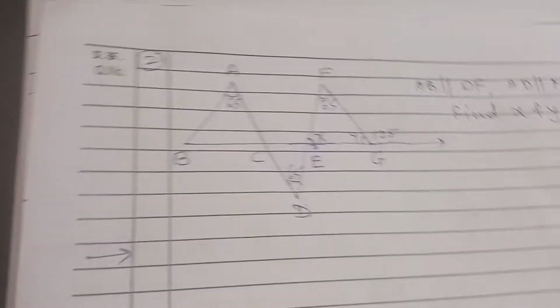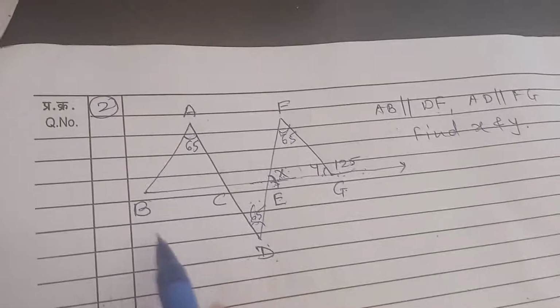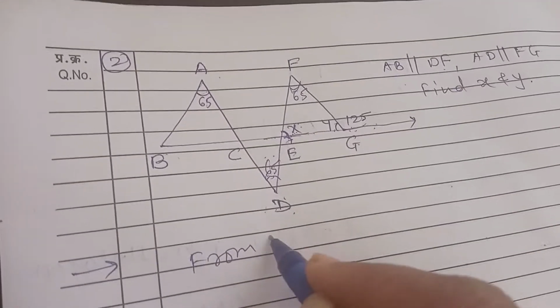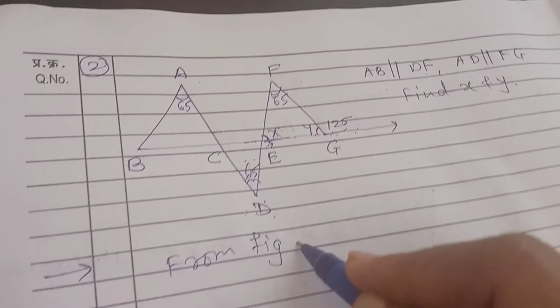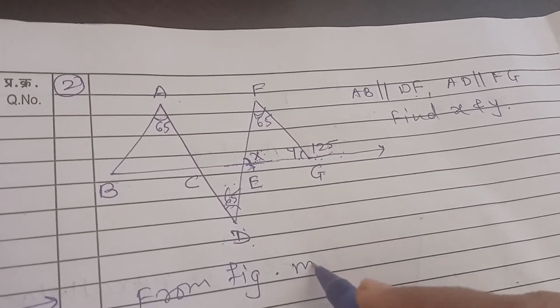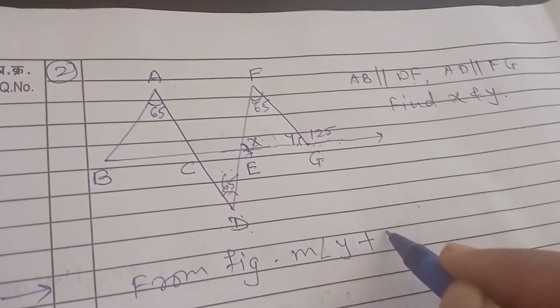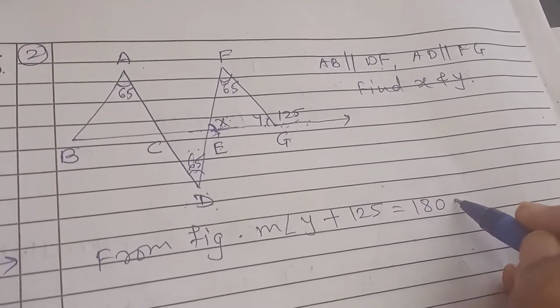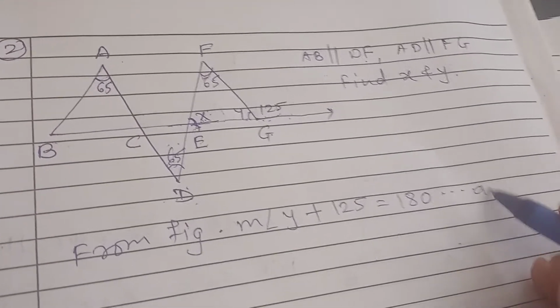Okay. Now we will solve this example. From the figure, measure of angle y plus 125 is equal to 180. Why can we write this? Because they are angles in a linear pair.